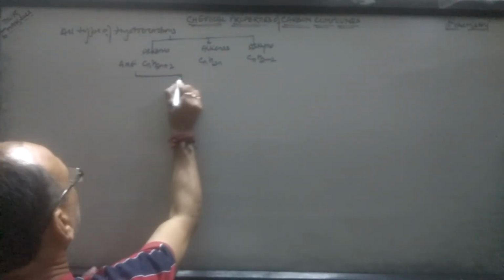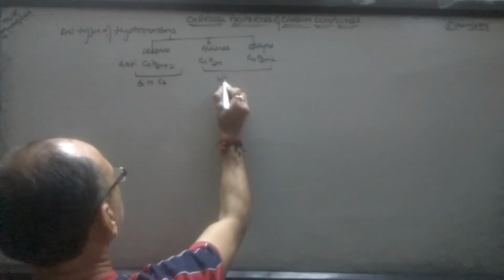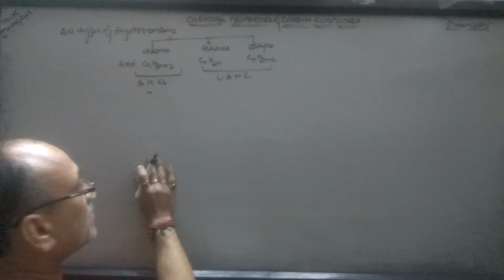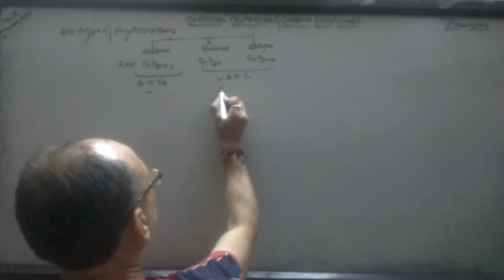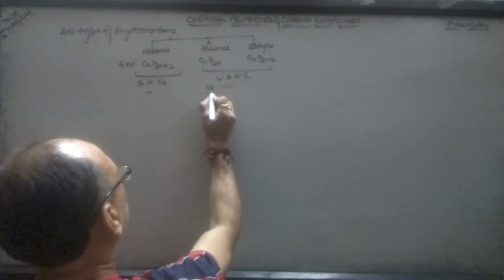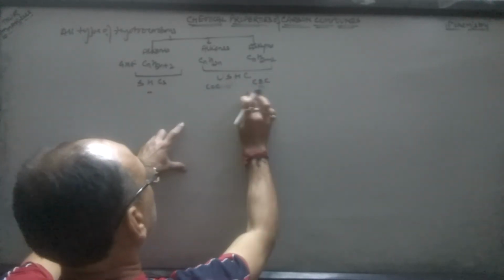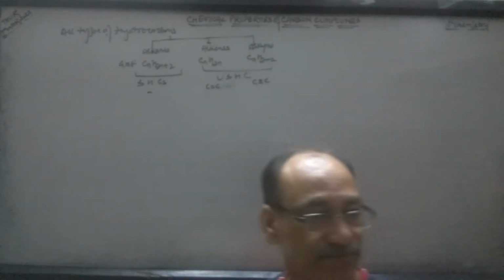And alkane is a saturated hydrocarbon, and these other two are unsaturated hydrocarbons. Alkane is with single bonds. The carbon is surrounded by single bonds with hydrogen, and at least 2 carbons must be there in an alkene, and in an alkyne 3 bonds between 2 carbons must be there.